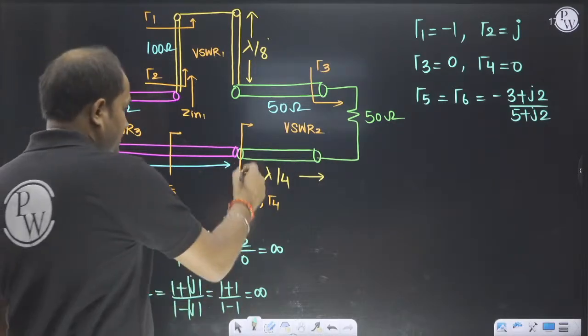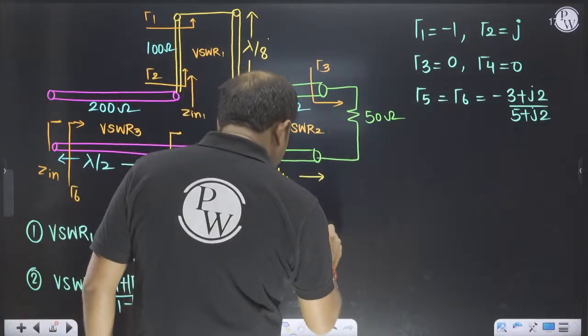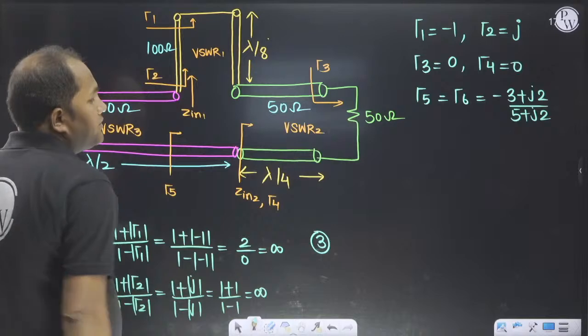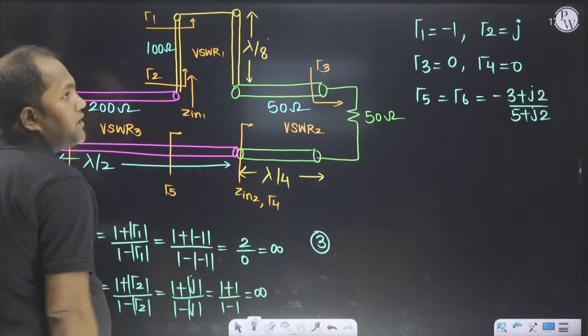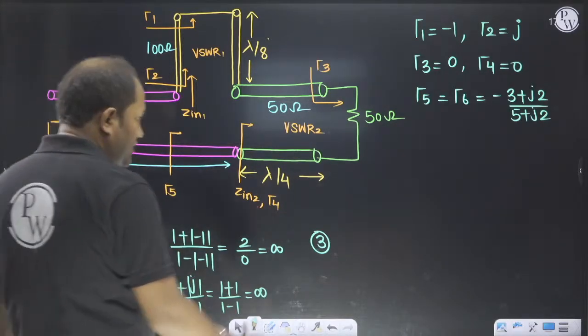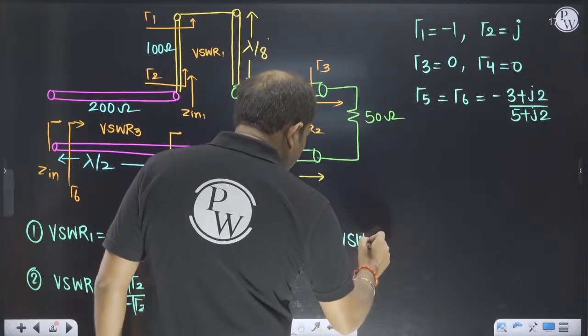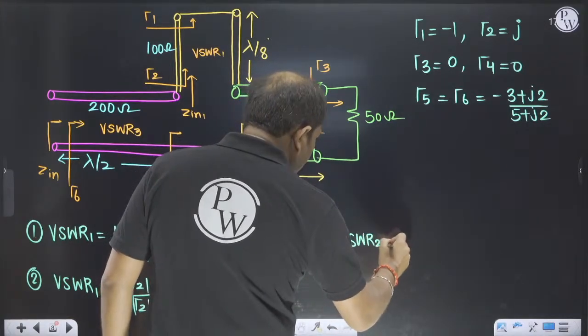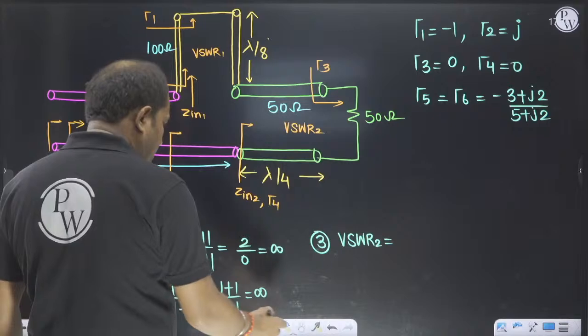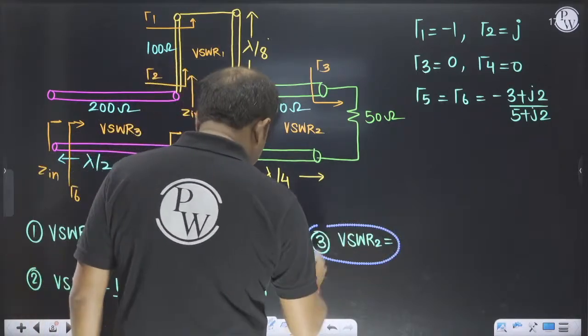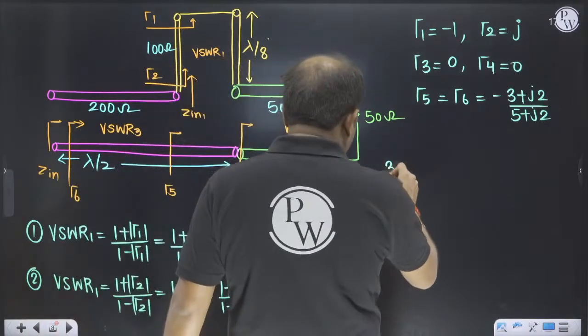Then we have the third case, which is the 50 ohm case, Z in gamma 4.